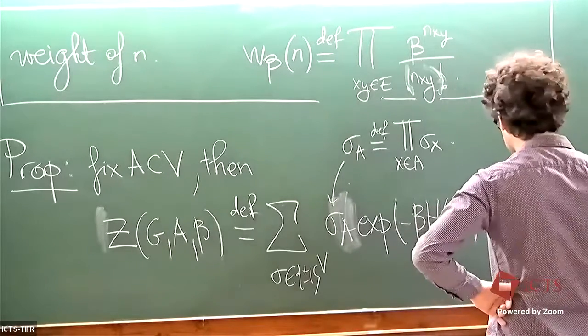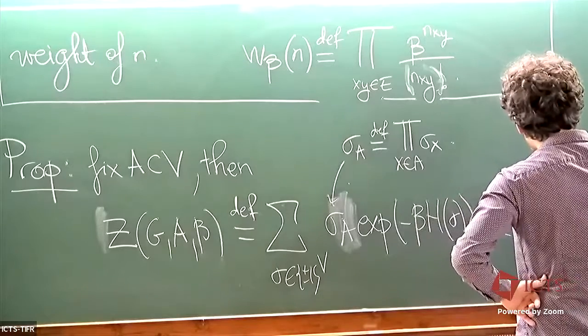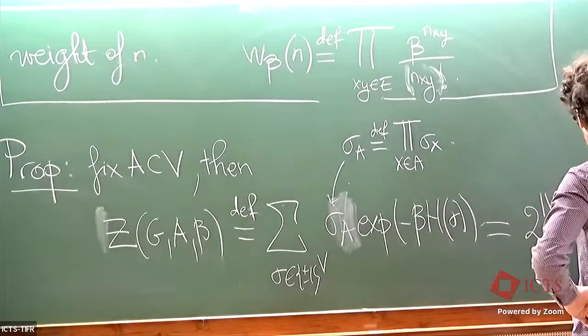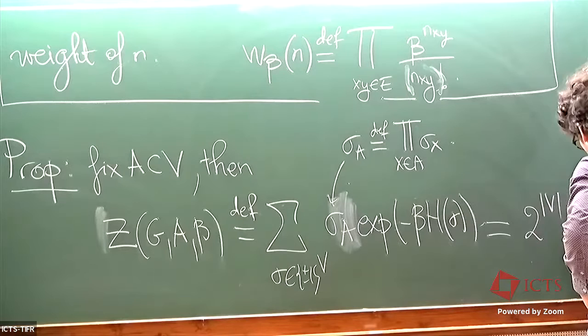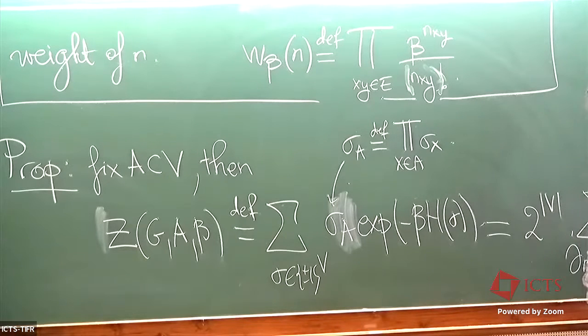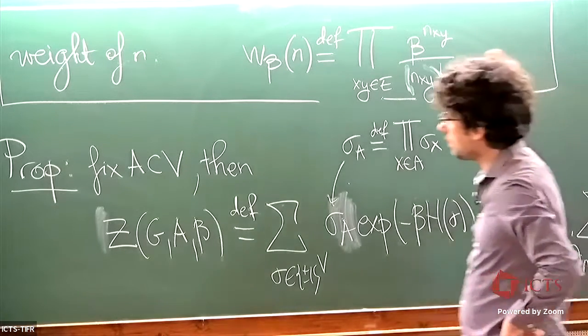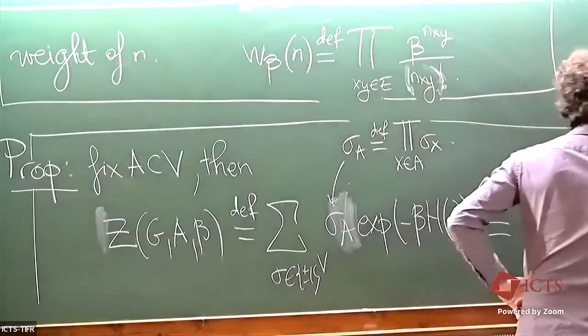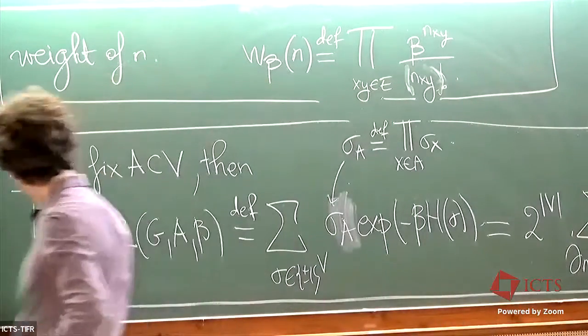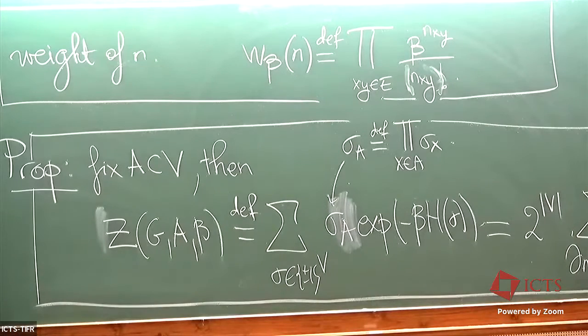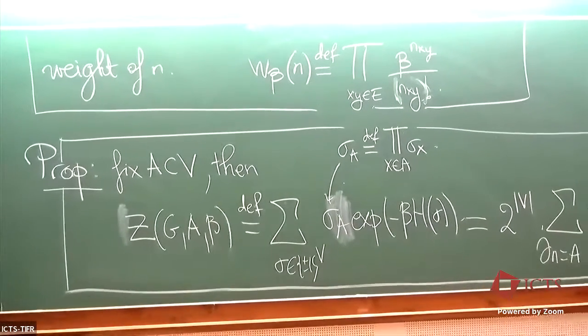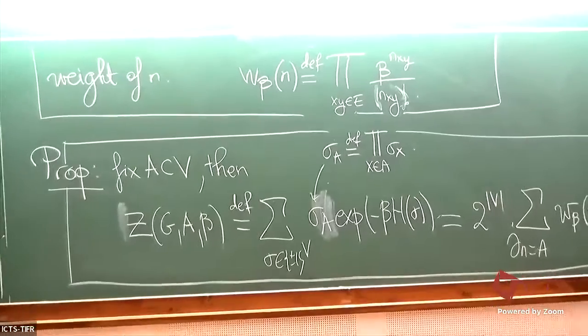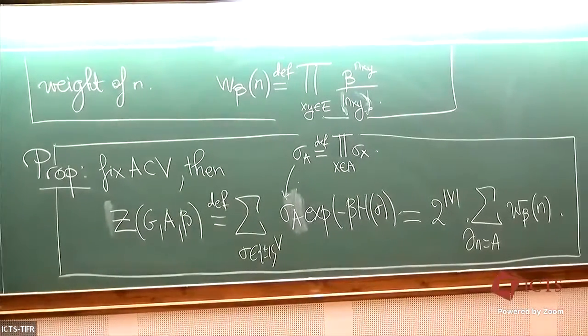I claim that this is equal to 2 to the number of vertices times the sum over currents that have exactly sources A of the weight w_beta(n).